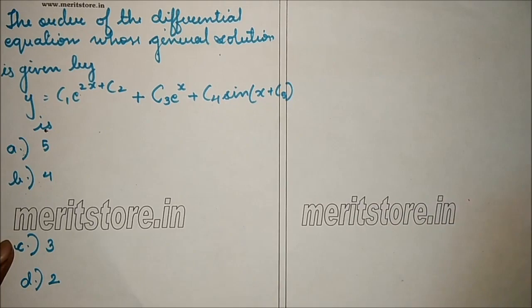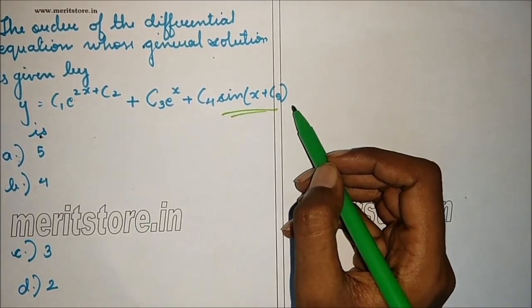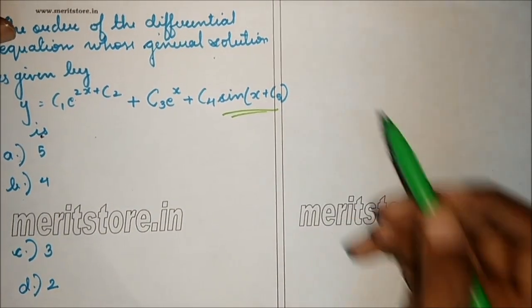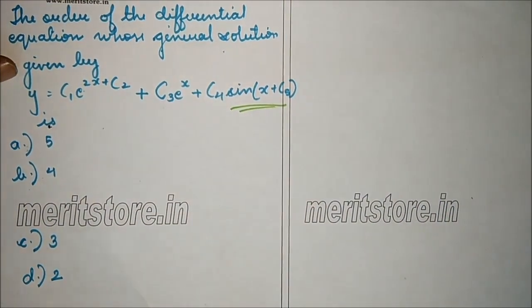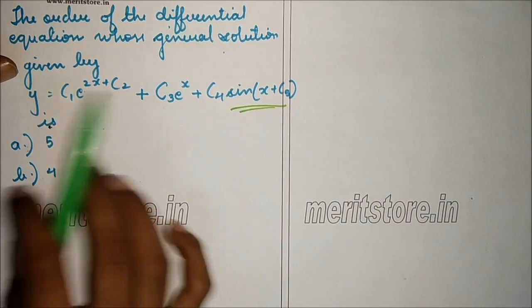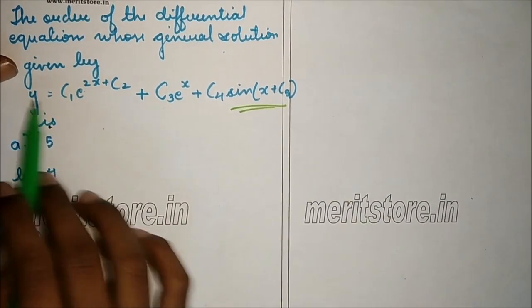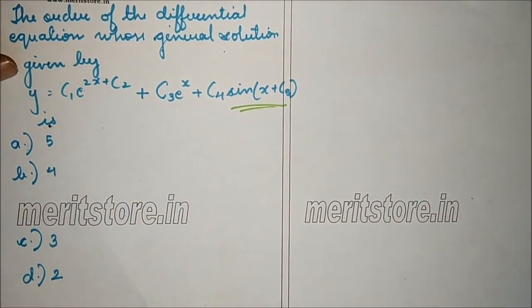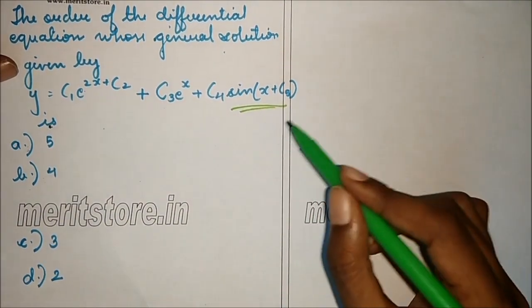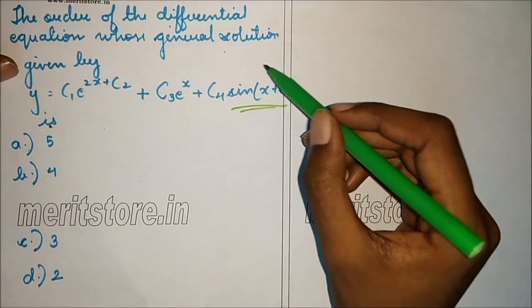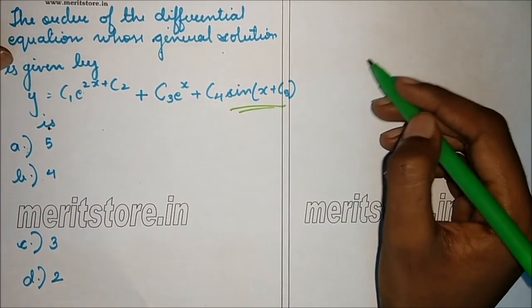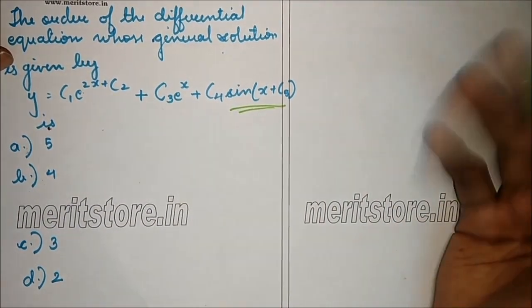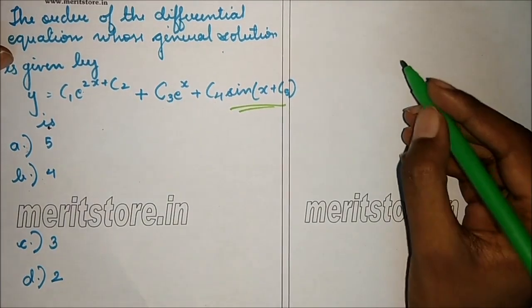First we'll expand the term sine of x plus c5 and simplify it further. The number of arbitrary constants which we'll get from the equation will be equal to the order of the differential equation.